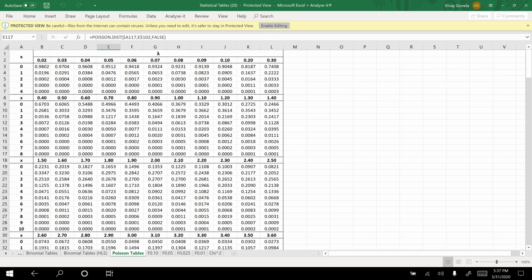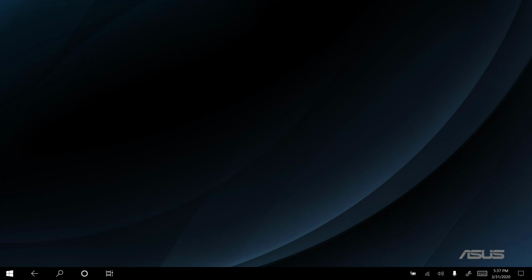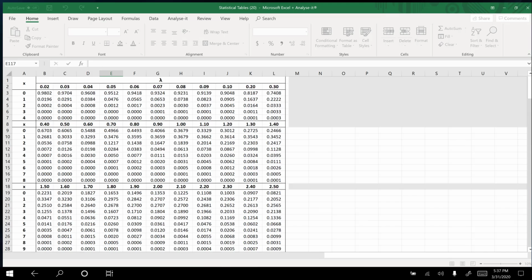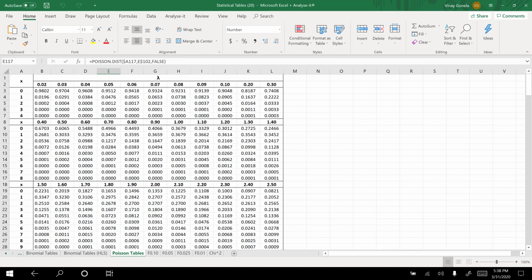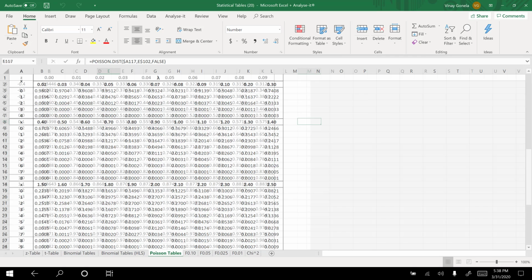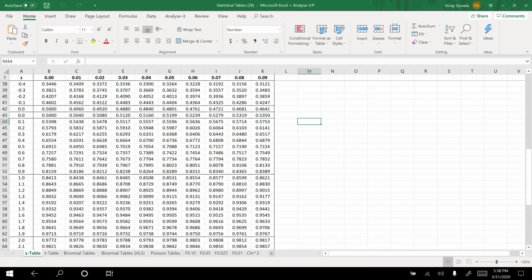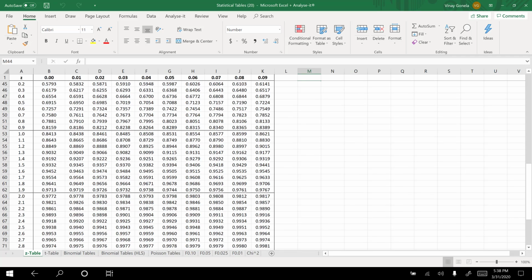Do enable editing. I am currently in the Poisson table. I will go to the Z table and look for 0.99.